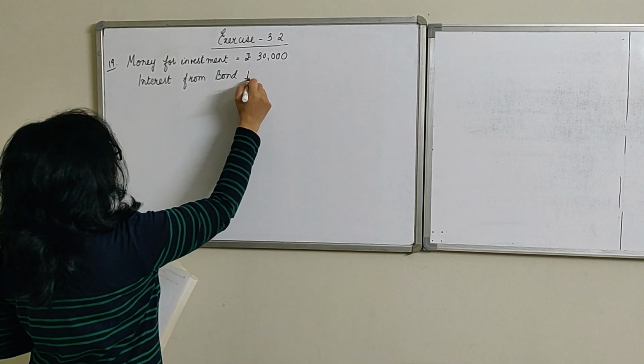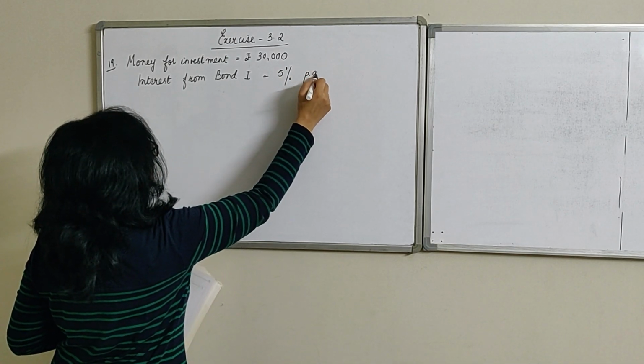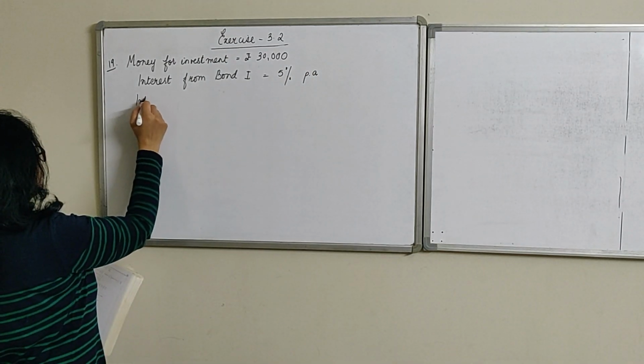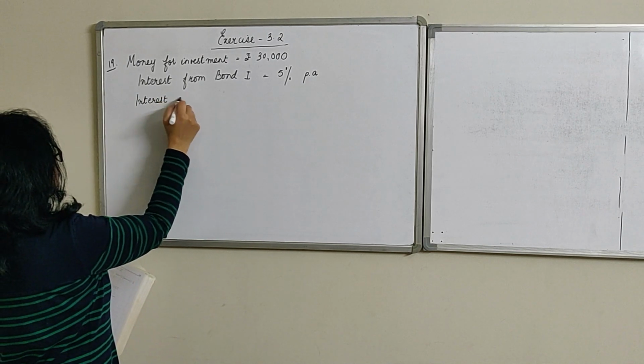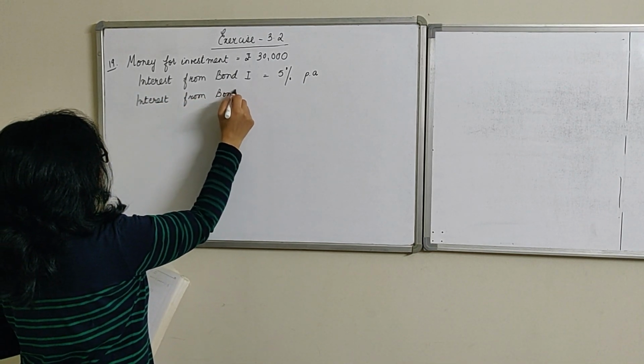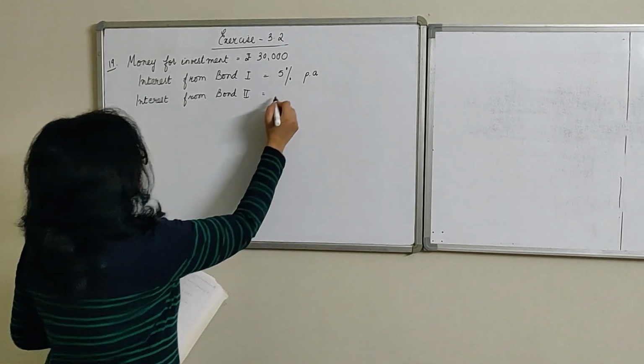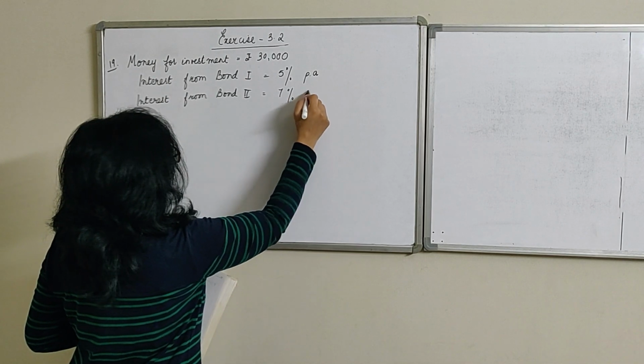Interest from bond 1 is 5% per annum, and the interest from bond 2 is 7% per annum.